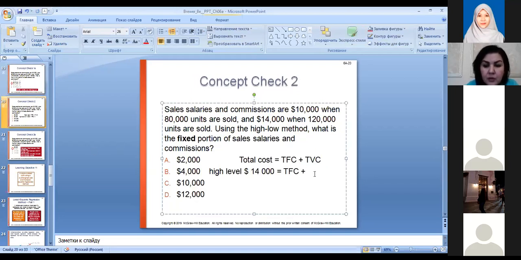Yes, okay. We must multiply the high level in units by this variable cost per unit, right? What was the high level in units?